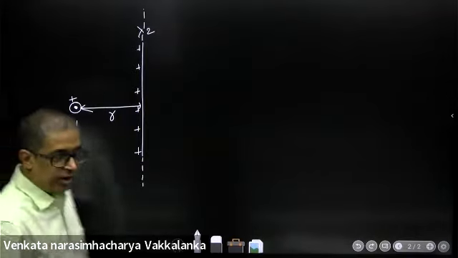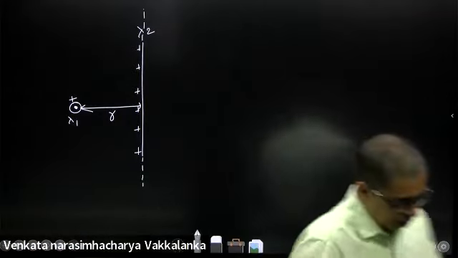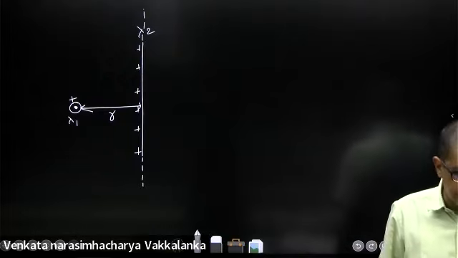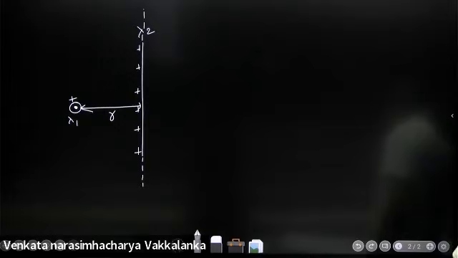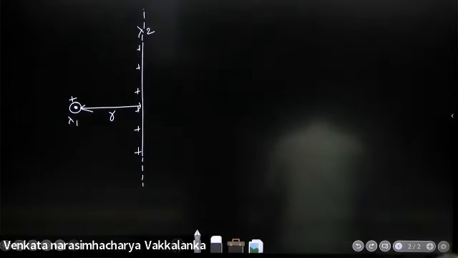Find the force of interaction between them. One has a linear charge of lambda 1. The other has a linear charge of lambda 2.